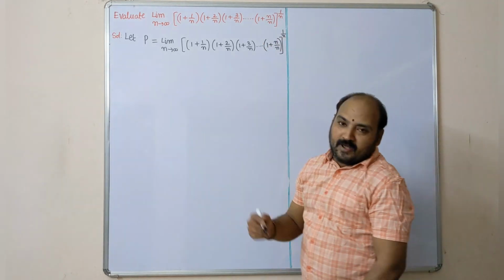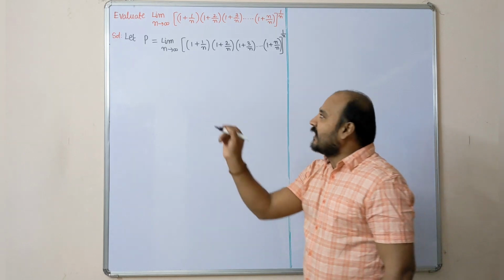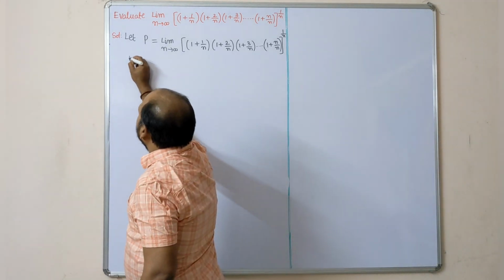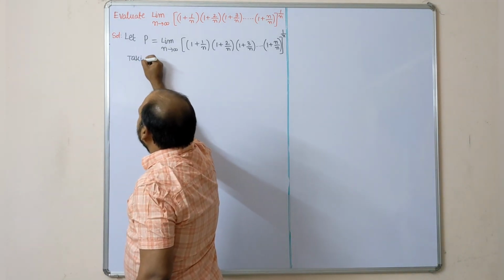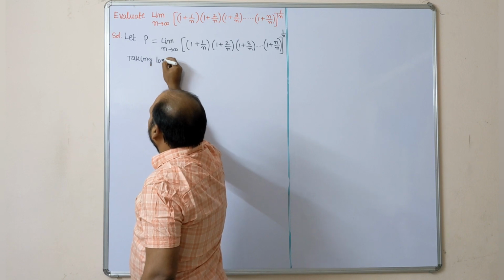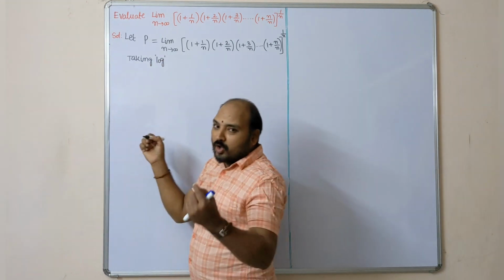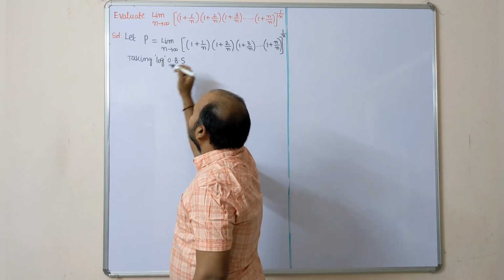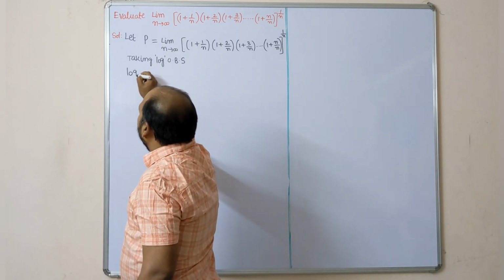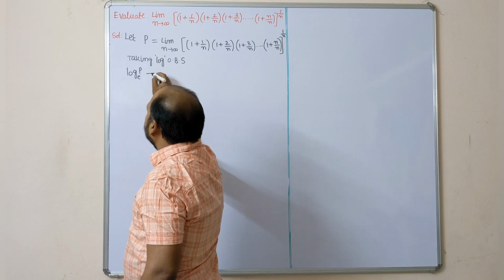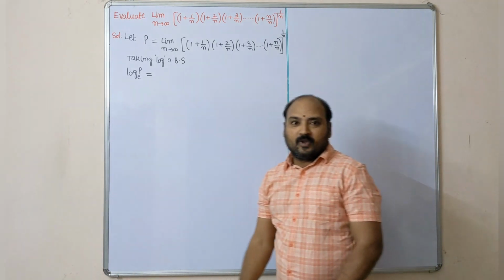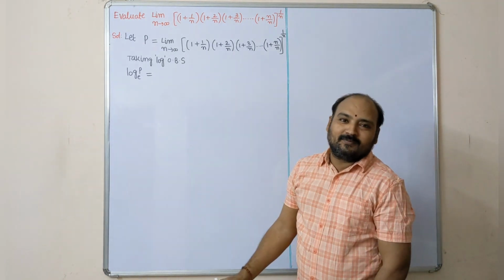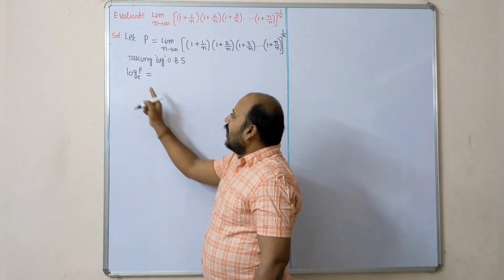Whenever whole power 1 by n term is there, take log on both sides. Observe carefully, dear students. Taking log, log means log to the base e on both sides. So it becomes log p to the base e is equal to, base e means natural logarithm, log.